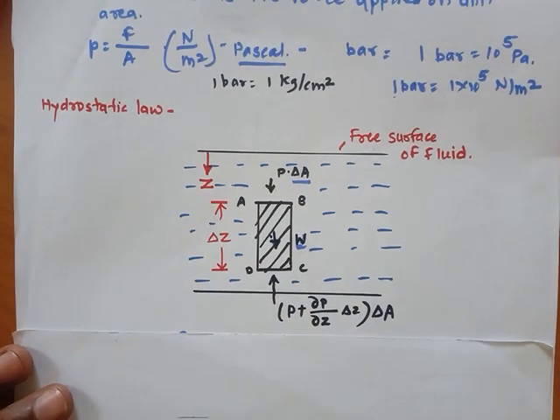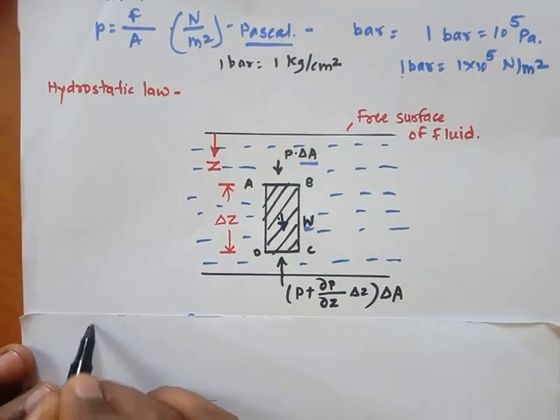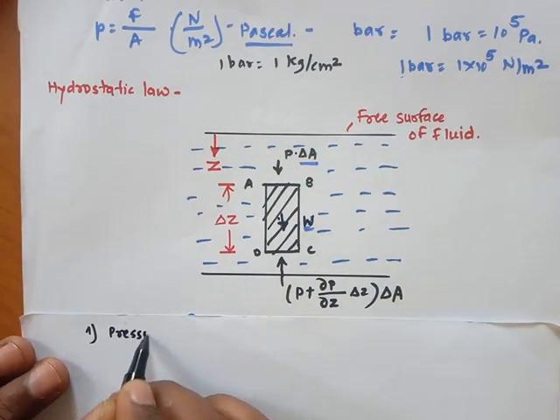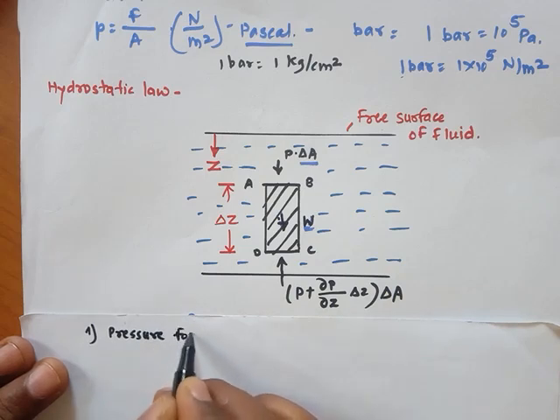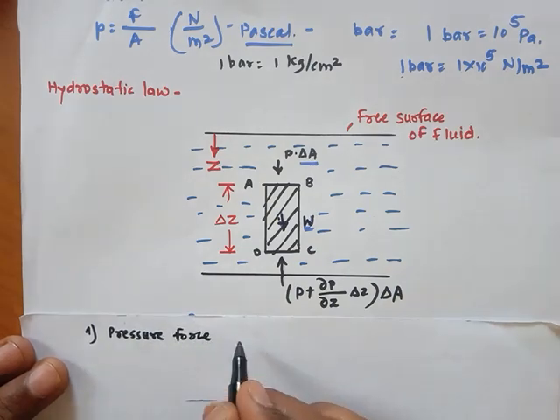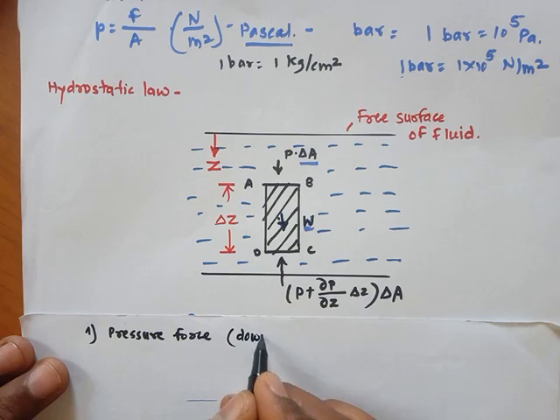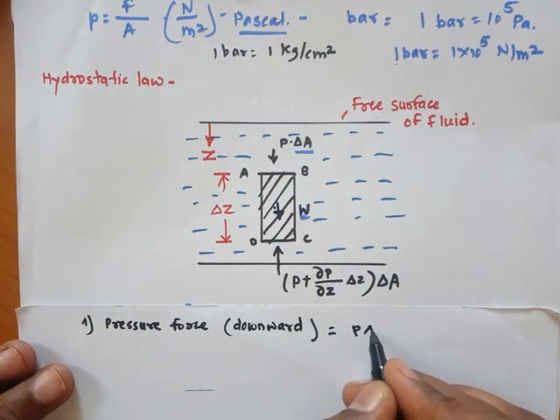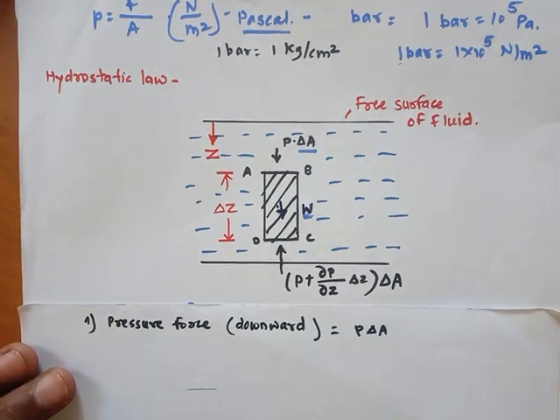So there are three forces. The first force is the pressure force in the downward direction, equal to P multiplied with area.